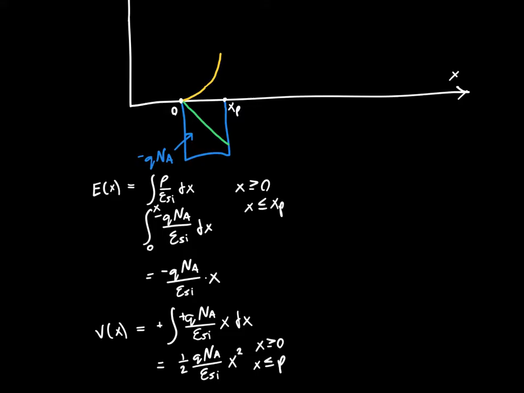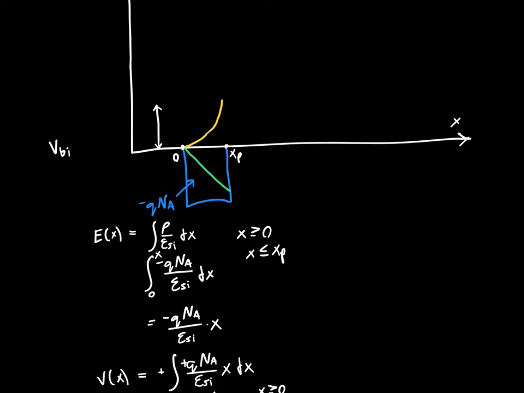Well, we're going to do something that's kind of cheating. We want to find the total voltage VBI. So I'm going to say that the total voltage VBI is the voltage contributed, or dropped, if you like, by this negative charge, plus the voltage contributed by the positive charge, which we haven't drawn yet, but it's going to be up here.